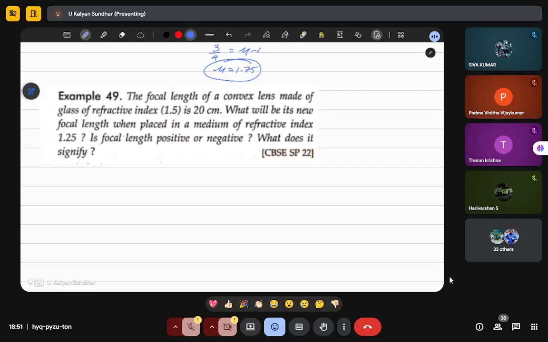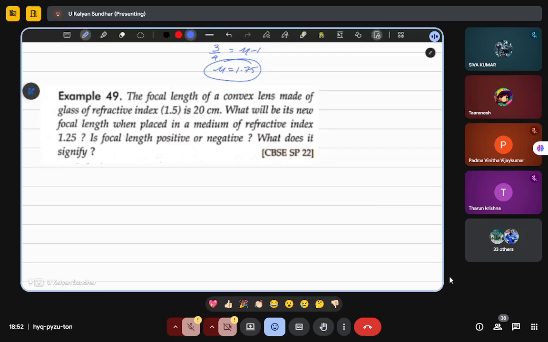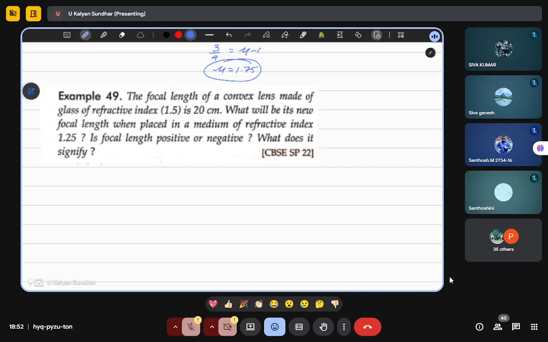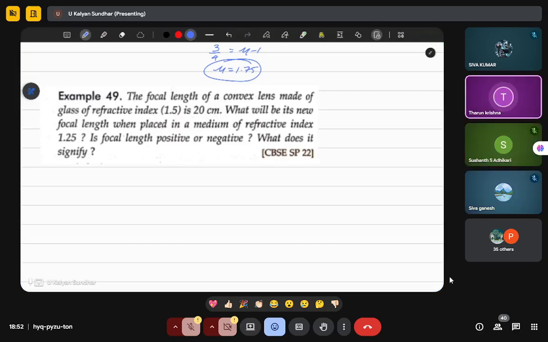Pranav Lakshman, are you there? No. Sai Nathan, Ritika present, Roslyn present, Danyasri, Sabrinathan, Santoshini present, Sami, Santosh present, Shiva Ganesh present, Shiva Santosh, Srinikesh, Srinivasa, Sushant present, Tanish present, Tarun Krishna, yes sir.